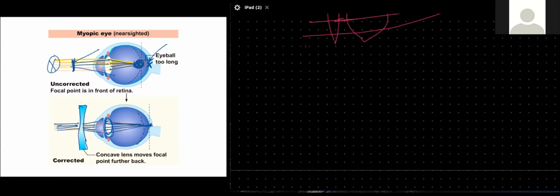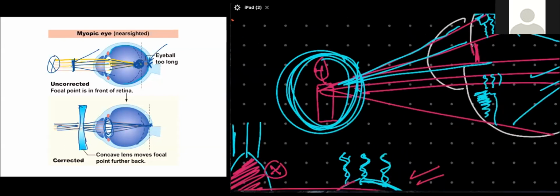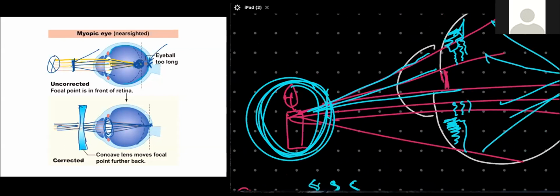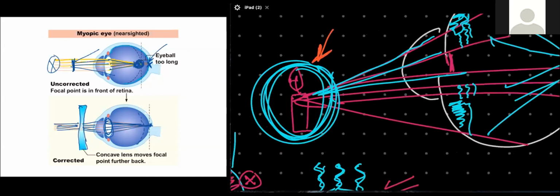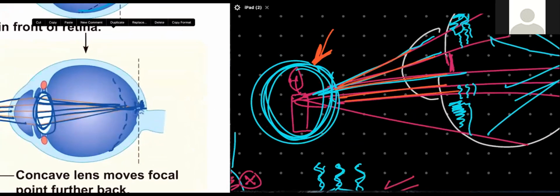So a person with myopia, nearsighted vision, will see better if he is looking at a close object. Why would he see better if he is reading? You will see a person getting very close to the book because he doesn't have his glasses. Why? Because the divergent light rays are better for him, as they will be falling on his retina. His retina is located behind the normal site.